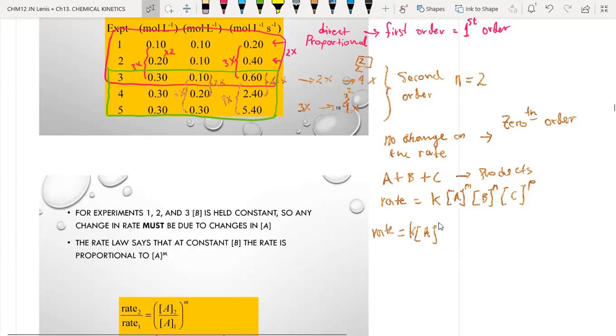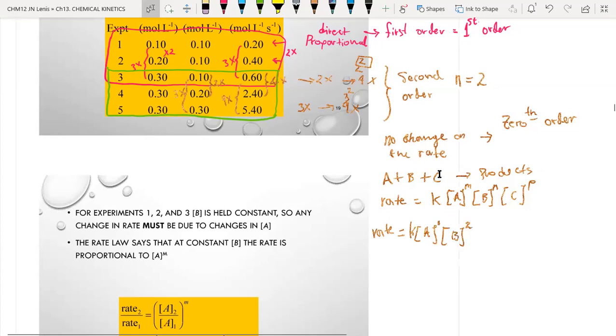It's first order. We don't have to write it, just leave it that way. Times concentration of B. We just found the order for this reaction using these experimental results, and we found the order with respect to B is 2.